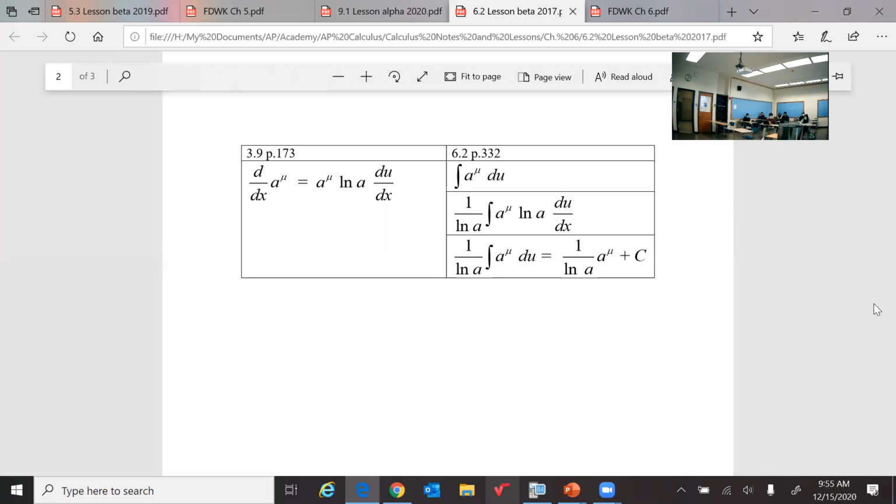So this would take you to 1 over ln a times itself plus the constant. Where is the ln a coming from? It's coming from here. So you need to spend some time looking at this table and make sure that's clear to you when you are anti-differentiating exponentials.